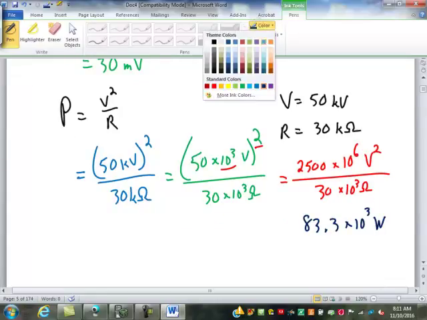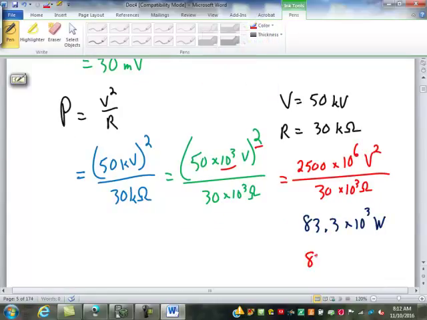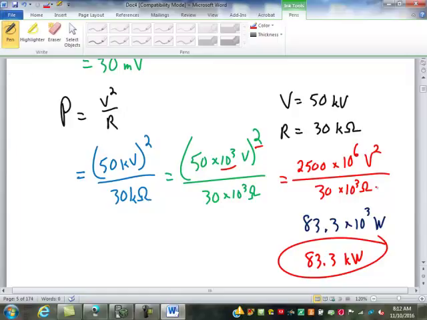And so that is 83.3 times 10 to the third, which is kilowatts. On a test or quiz, I would never expect you to know that a volt squared divided by an ohm is a watt, or that an amp times an ohm is a volt. But I would expect you to know how to work with the powers and the metric prefixes.